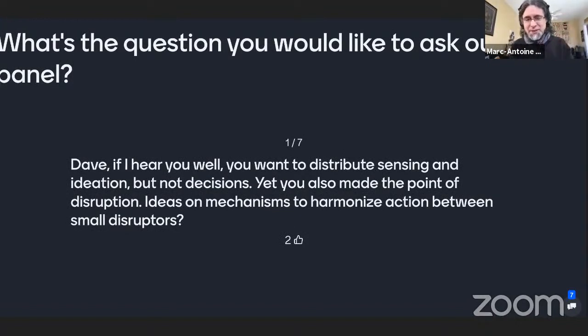What is the difference here between coordinating and deciding? If they exist as separate, they don't have coordinated decision, yet you speak of the value of coordination.